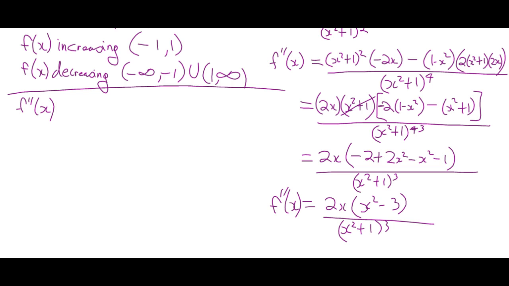So the second derivative is 0 means that the numerator is 0, which is going to be 0 or plus or minus root 3, right? Because root 3 squared is 3, and negative root 3 squared is 3. Okay. And we don't care about the denominator because it's just always positive.